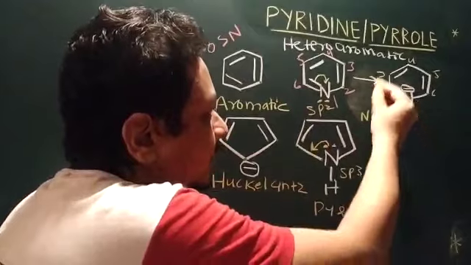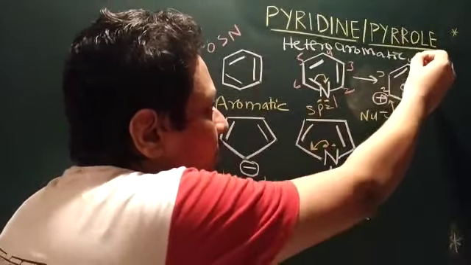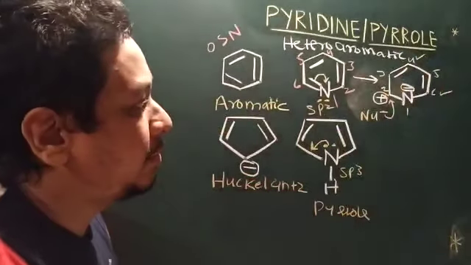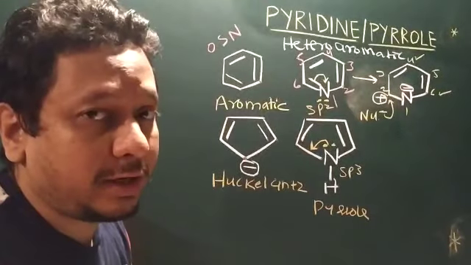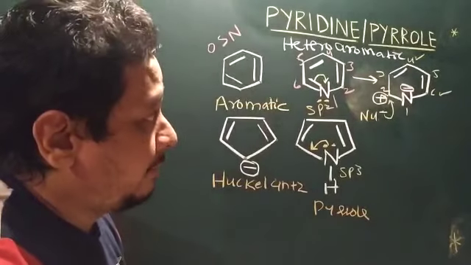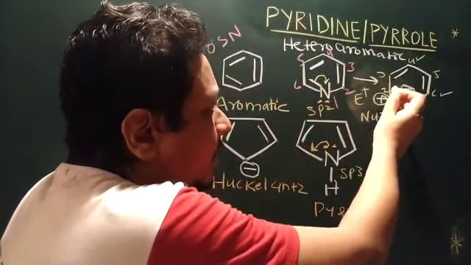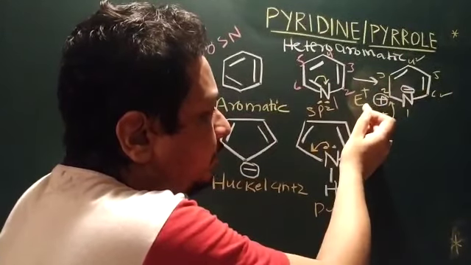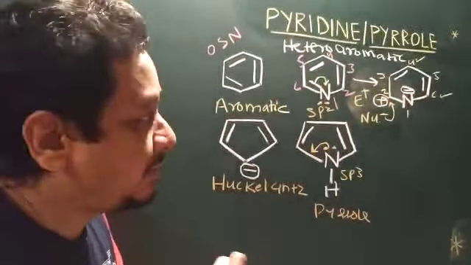So for any nucleophile, the second, fourth and sixth positions are very favorable to attack, because the nitrogen, being an electronegative atom, accommodates the electron. But if the electrophile comes over here and attacks, this bond has to be given to the electrophile and the nitrogen becomes positive. A positive nitrogen is not a favorable condition. So that's why electrophilic addition won't take place at the second, fourth and sixth positions.